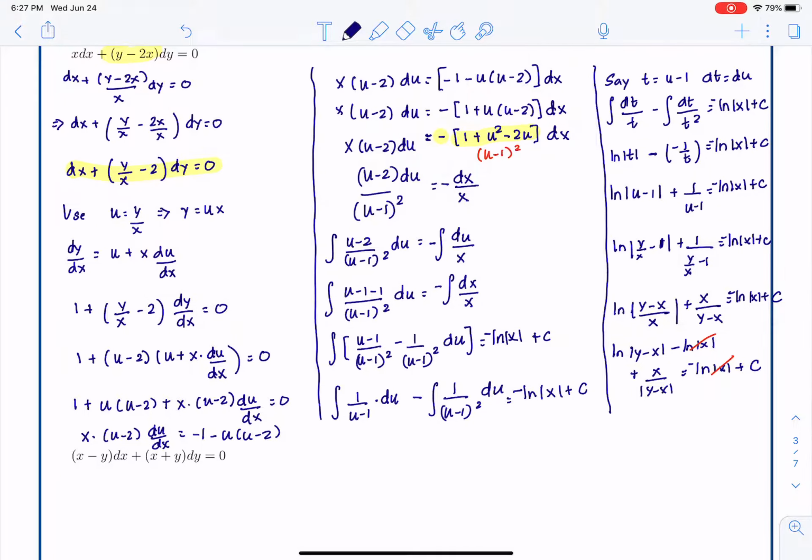And we will have ln of (y minus x) plus x over (y minus x) equals c. And that would be our solution.